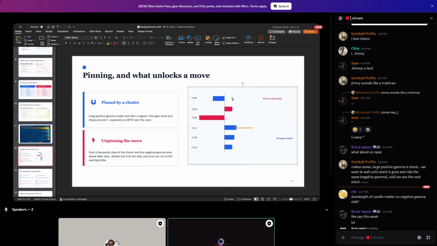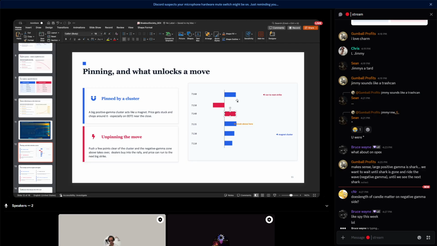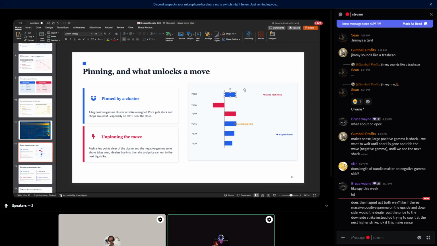So on the rip and fade, what you will see in more bearish markets is something like this. Let me actually do this. Let's say you rip through up here and you think, okay, cool, we're now approaching this positive gamma, things are all hunky dory.